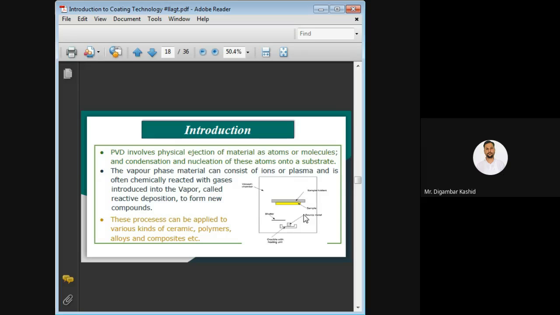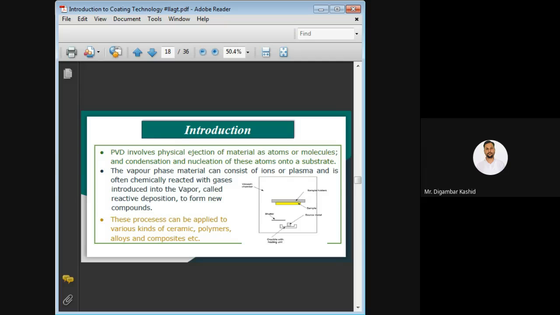We can understand that whatever gas we introduce may react with those ions or molecules, or it may be an inert one, to help a homogeneous coating of that particular base metal onto the substrate itself. Now if you talk about the application, this process can be applied to various kinds of materials like ceramics, polymers, metals, alloys, composites, etc.